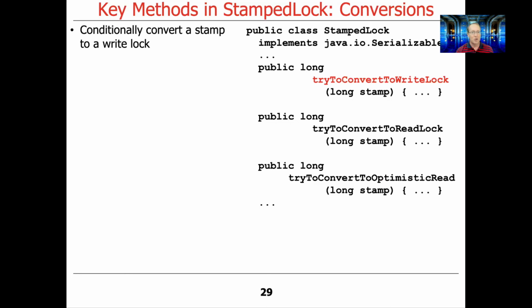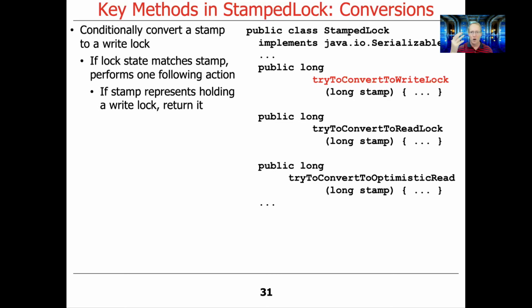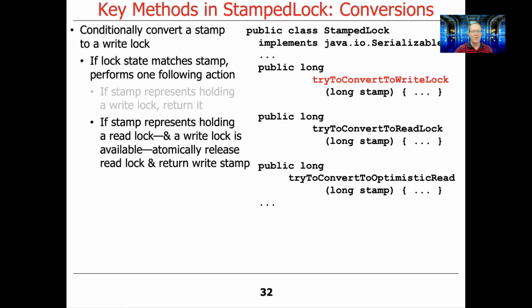Let's start by talking about tryConvertToWriteLock. This is a method that will try to conditionally convert some stamp, which could be a writer stamp, it could be a reader stamp, it could be an optimistic read stamp. It'll try to convert it to a write lock. So if it turns out it's already a write lock, then we're fine. So it just returns and no changes were required at all.